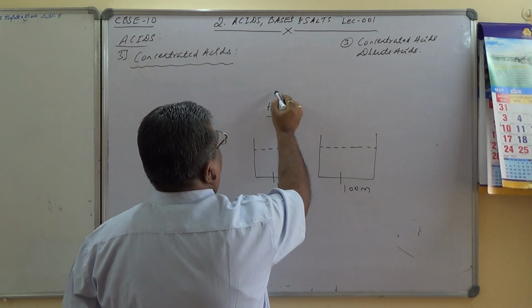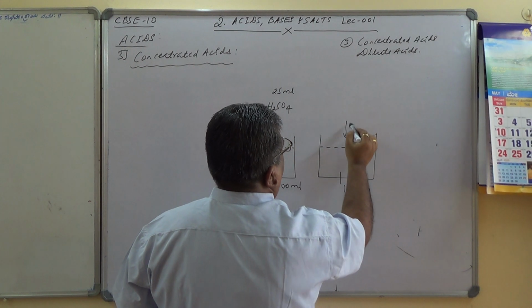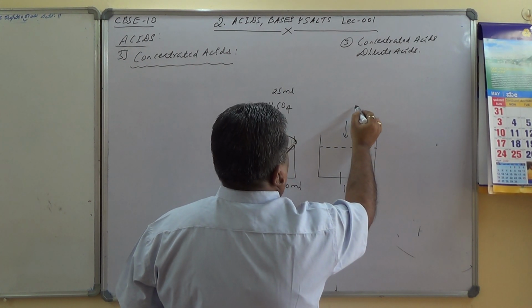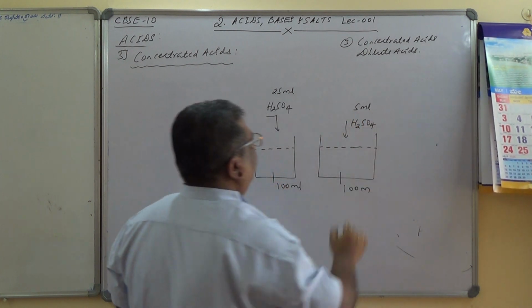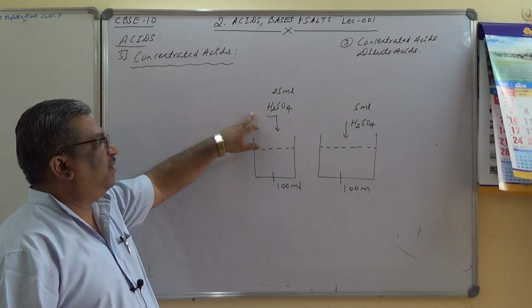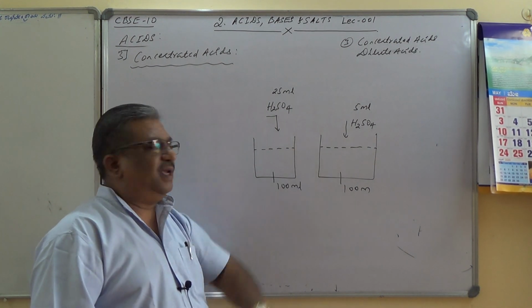Here it is 25 ml, and here H2SO4 is 5 ml. What will be the resultant solution here? Sulfuric acid 25 ml here, and here sulfuric acid is only 5 ml.